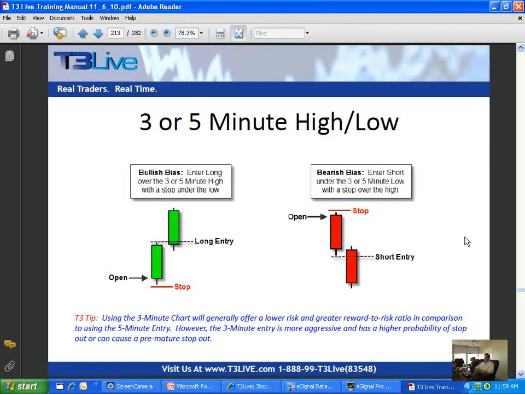However, if you are using a 3-minute entry strategy, you are subject to getting stopped out potentially easier than using a 5-minute chart. You're using them to create a bias as to direction. But again, this is an aggressive day trading gap strategy. This is something only for intraday traders only. Okay?